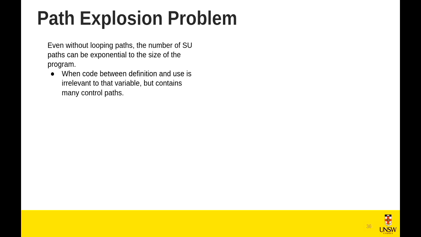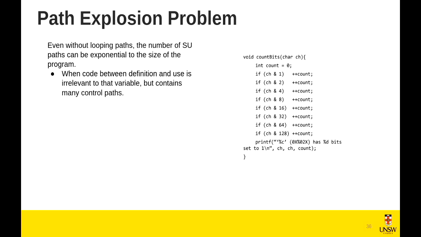This is because when we deal with paths, even without loops here, the number of DU paths can be exponential to the size of the program, especially when the code between definition and use is irrelevant to that variable but contains many control paths.